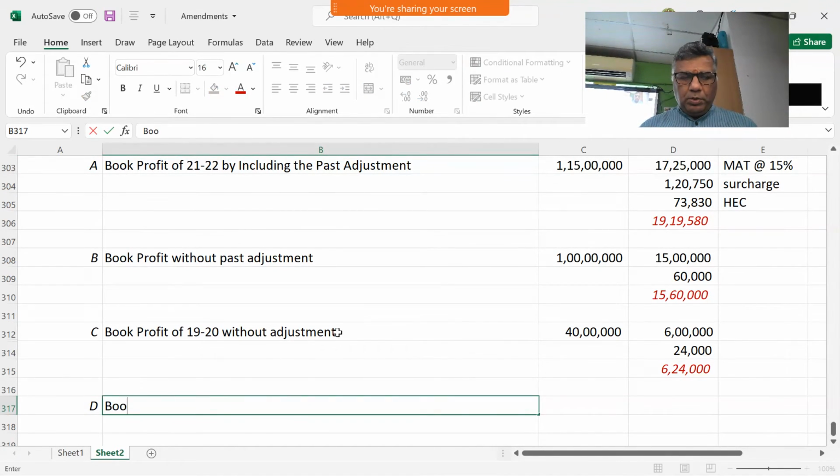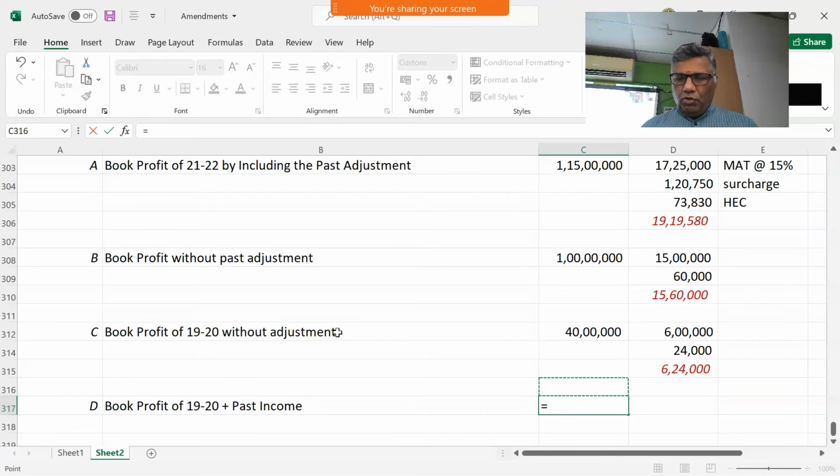Book profit of 1920 plus past income, 40 lakhs plus 15 lakhs.